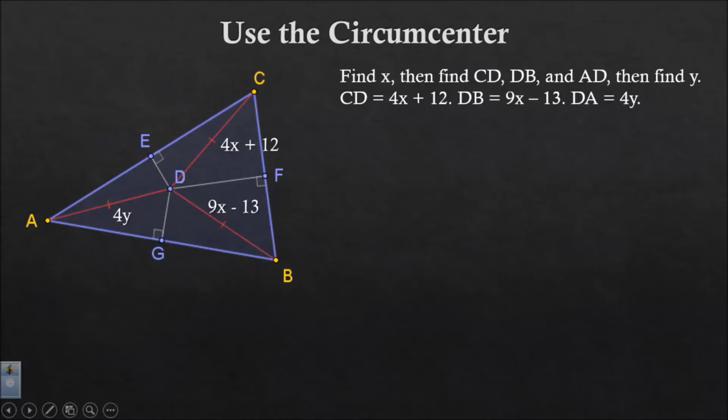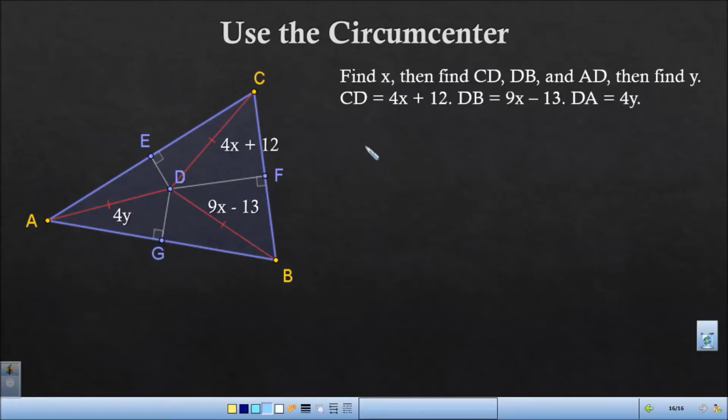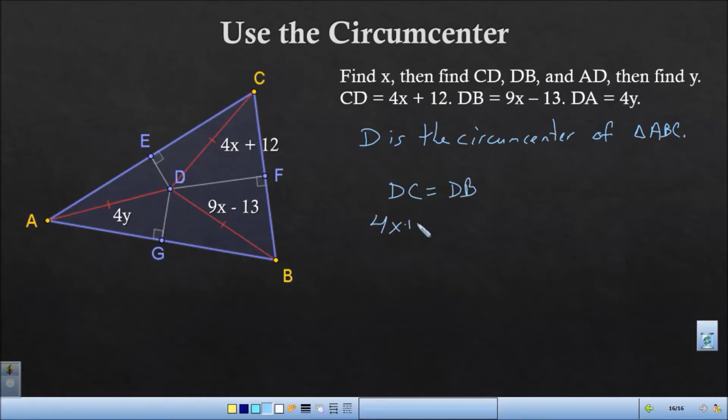So suppose I have a problem that says that D is the circumcenter of triangle ABC. Then what that means is that DC is equal to DB. So I can go 4x plus 12 equals 9x minus 13, which gets me 25 on the left and 5x on the right, so x is 5.